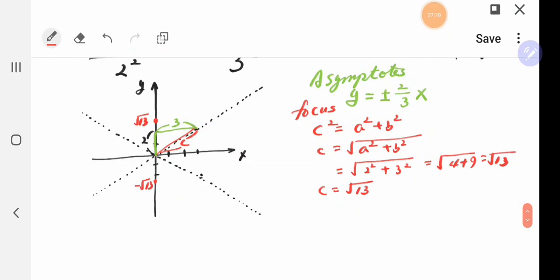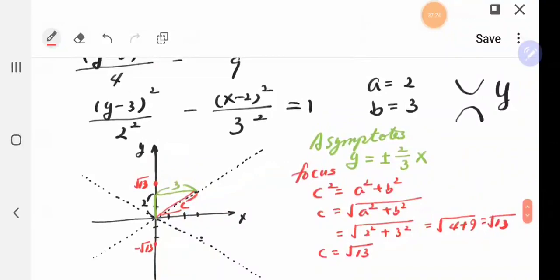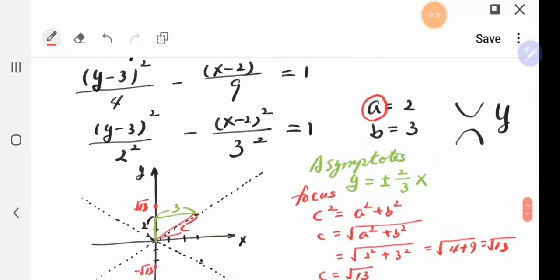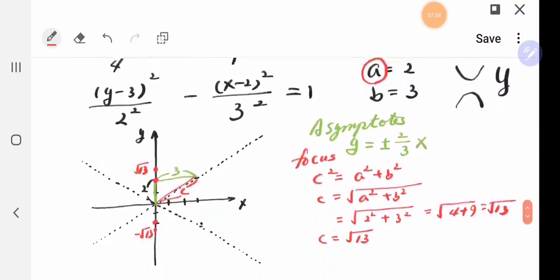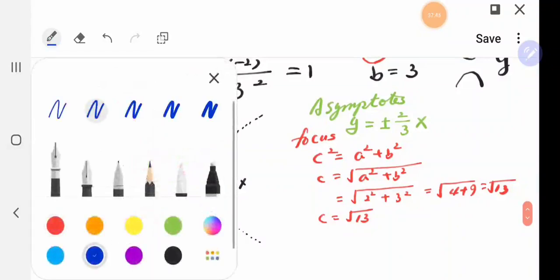Okay, how about the vertex? In this case, the vertex will be 2. So A will be the vertex. This will be the vertex. So this is the vertex and this is the vertex. So we can graph it like this.